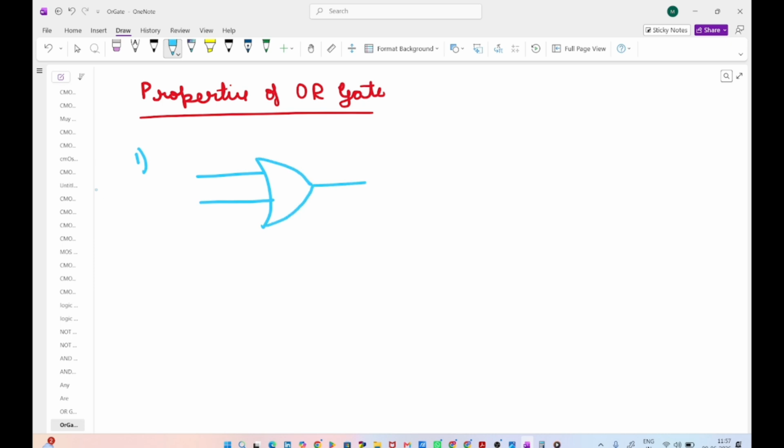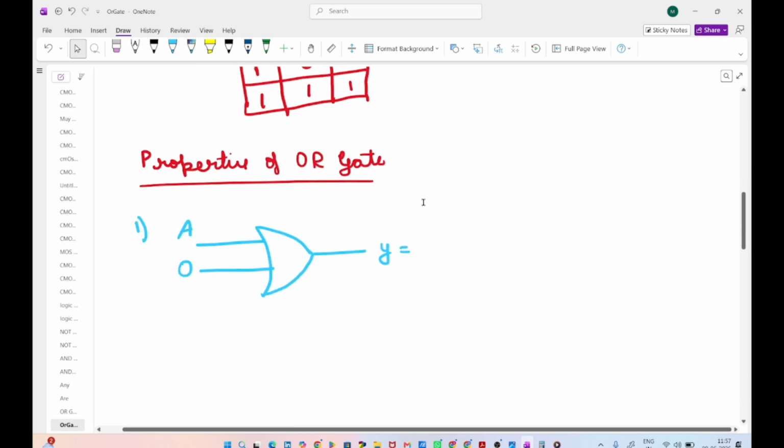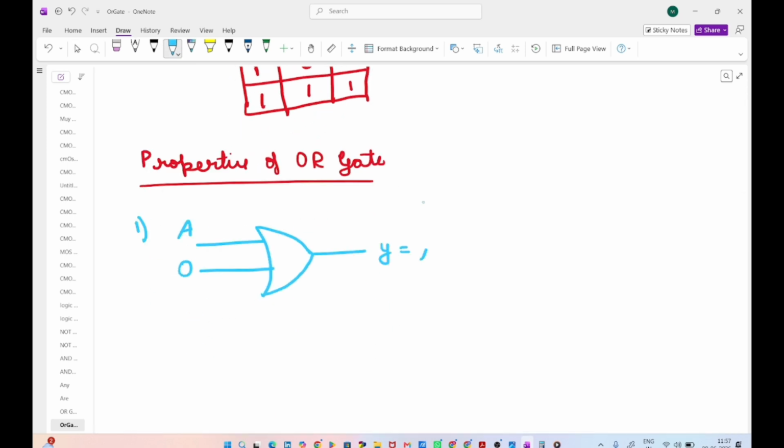Let the input for this terminal is A and input for this terminal is 0. Y is equal to what? Let us check it here only. You can see that here it's 0 and it's 0. Here A is 0, then you are seeing that the output is 0. Here A is 1, the output is 1. Simply write Y is equal to A.